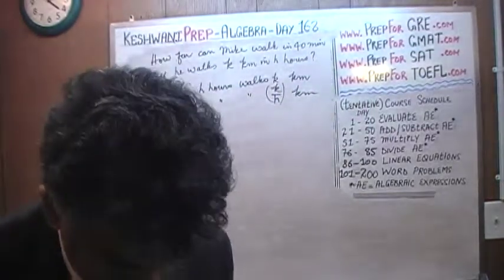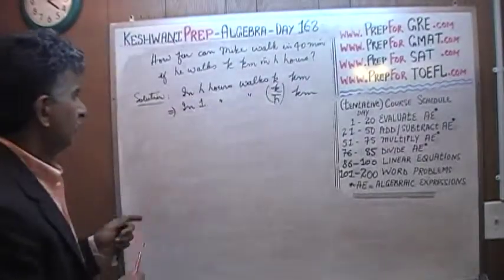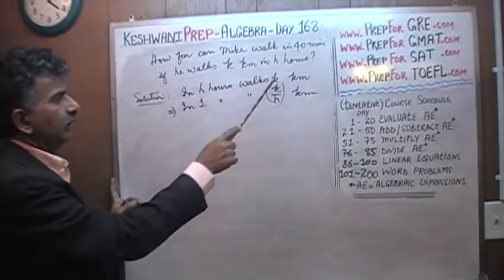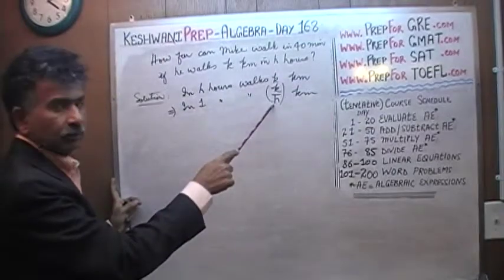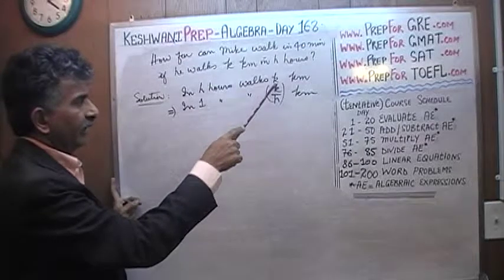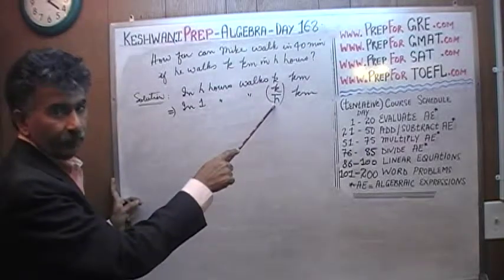For example, if somebody tells you that in 2 hours they are walking 10 kilometers, then in 1 hour they will walk 10 over 2. If they tell you that in 3 hours they walk 10 kilometers, then in 1 hour they will walk 10 over 3, 1/3 of it.